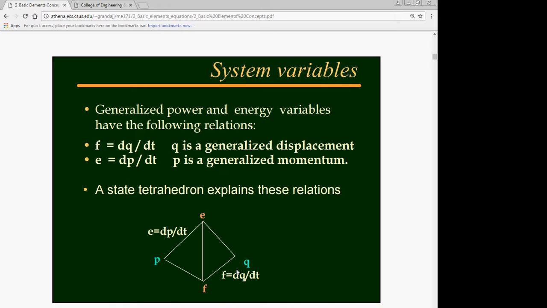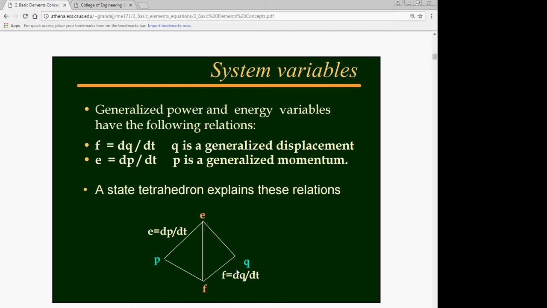That's what gives birth, you may say, to the term mechatronics, because mechatronics involves mechanical and electrical plus hydraulic systems plus rotational systems or thermal systems.